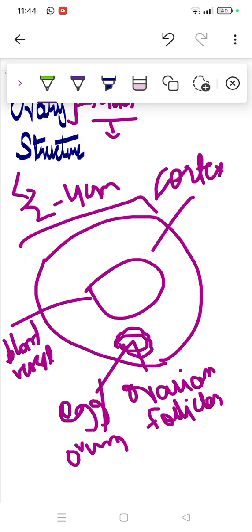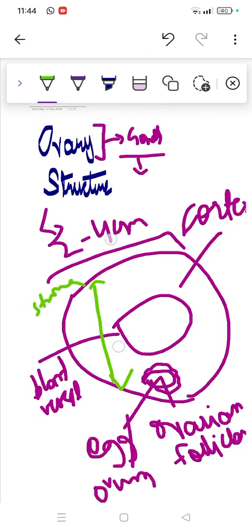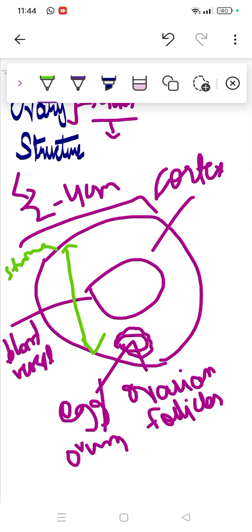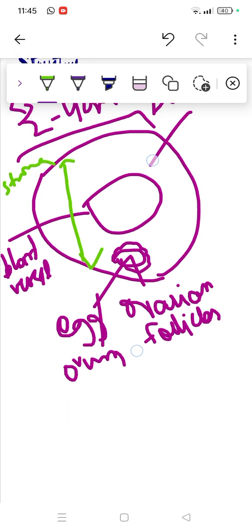Then comes another part, which is the stroma. So this is kind of a stroma. This is only the starting.